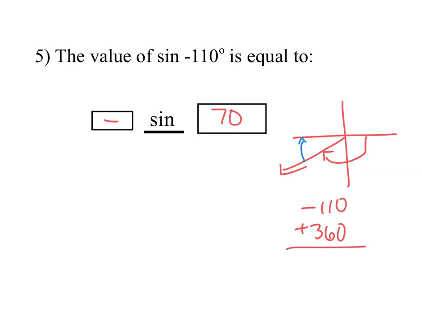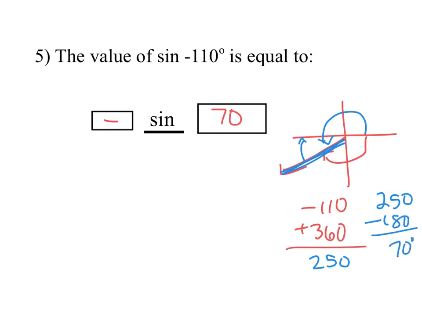But if you want to keep a regular routine, negative 110 plus 360 was what, like 250? So 250 is going this way, but it's just a coterminal angle, so it doesn't matter. The sides end in the same spot, so they will have the same reference angle. Then 250 minus 180 is 70. However you want to work it.